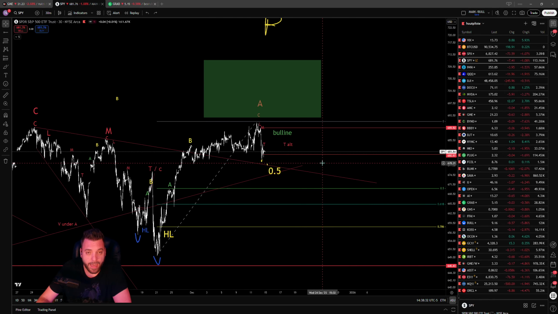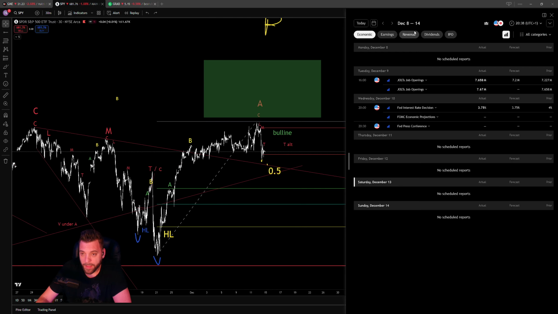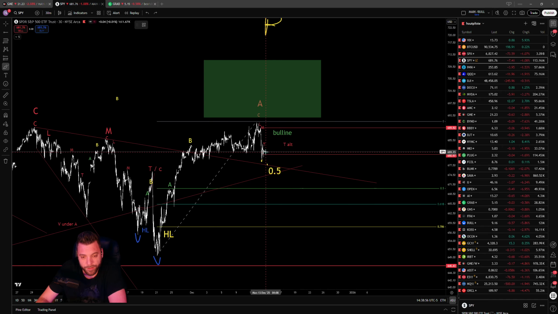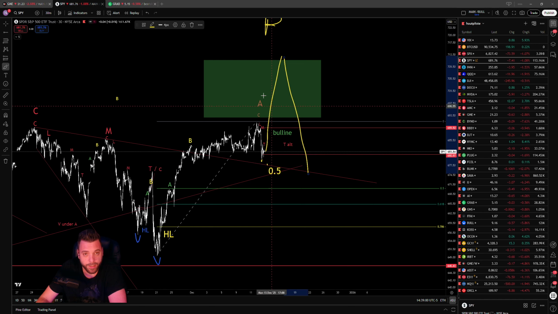For timing, we are full of volatility dates next week. Previously I said bullish Monday, Tuesday, Wednesday, Thursday, because the rate cut decision from Japan is on Friday. So if we still take this, then we should still run till Thursday, and on Thursday we're getting the pullback.